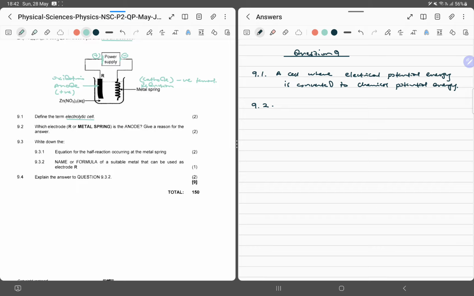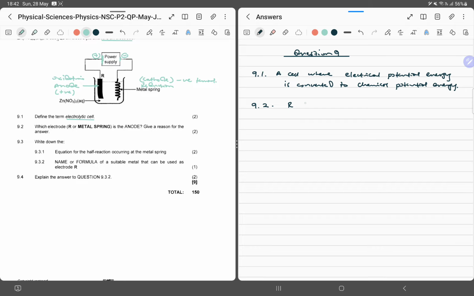Anyway, let's finish up here, guys. Which electrode, R or metal spring, is the anode? The anode is going to be electrode R, right? Yes. Give a reason for your answer. Well, it is connected to the positive terminal of the battery.